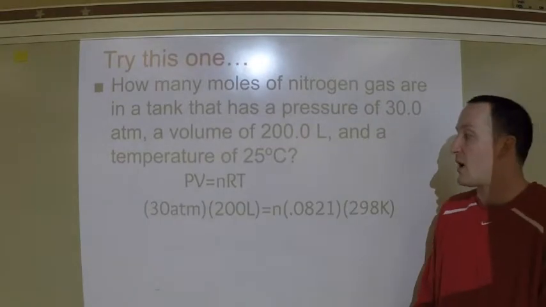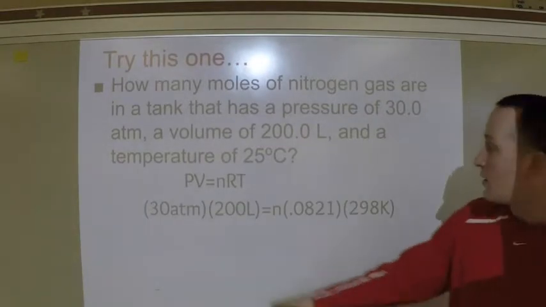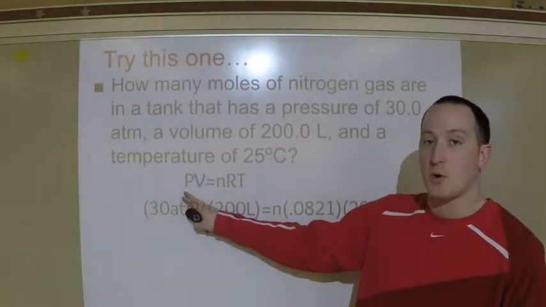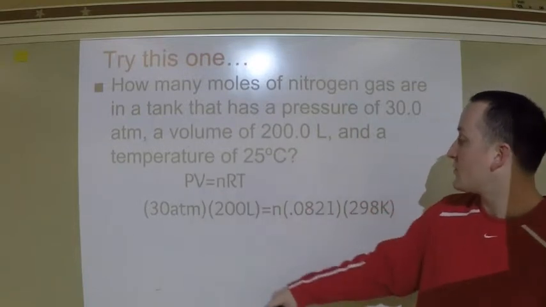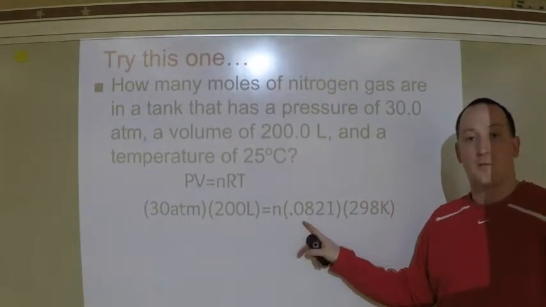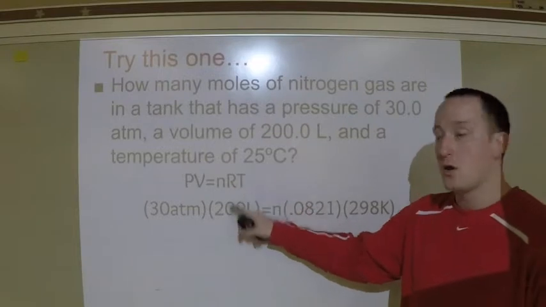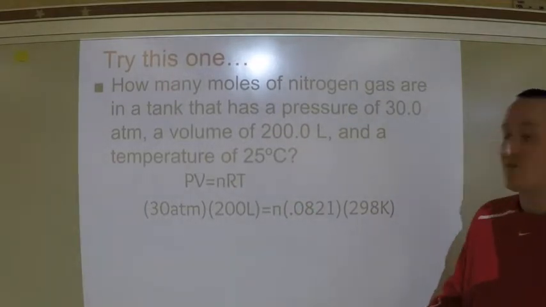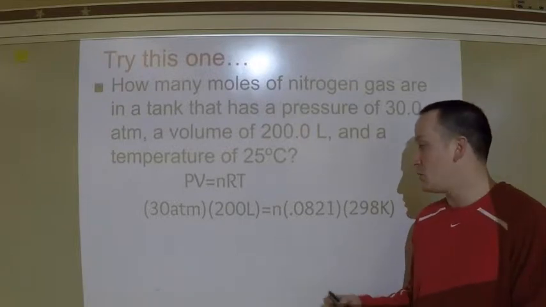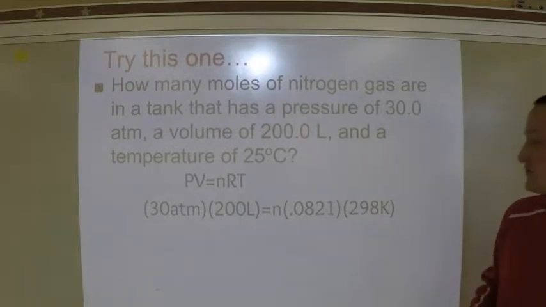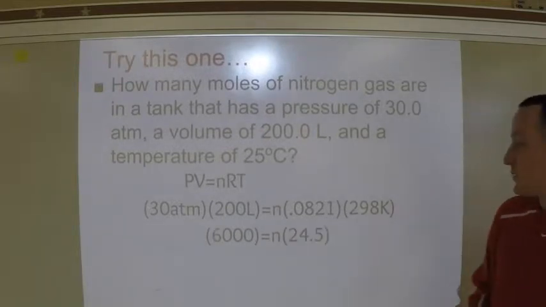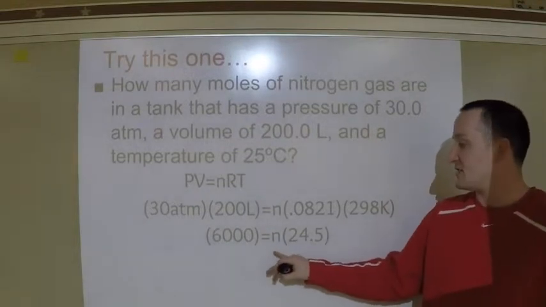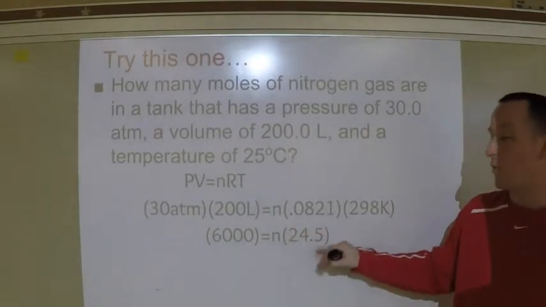So when I plug in my values, it should look something like this. 30 is my pressure. My volume was 200 liters for my problem. I'm going to plug in 0.0821 for R, and my temperature is 298 because 25 plus 273 is 298. Now I solve these equations on both sides, and I get that 6,000 is equal to N times 24.5.